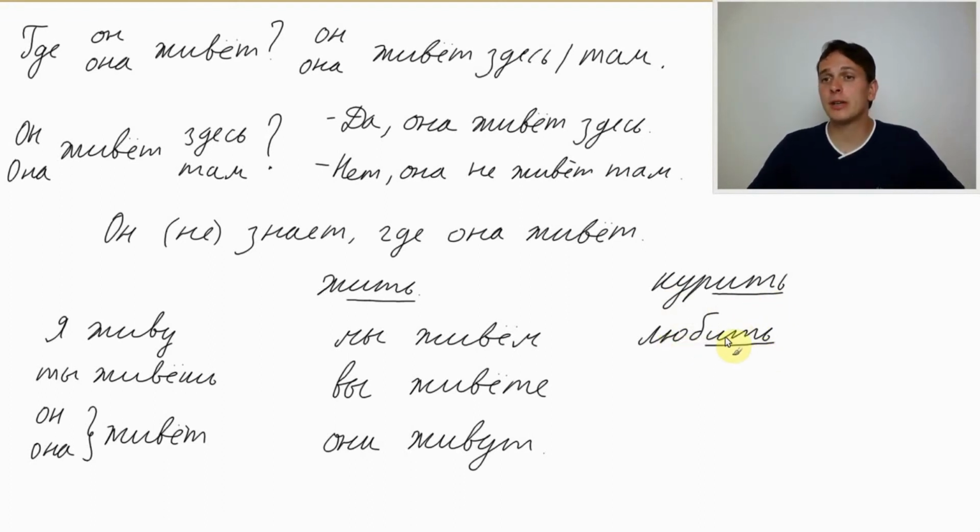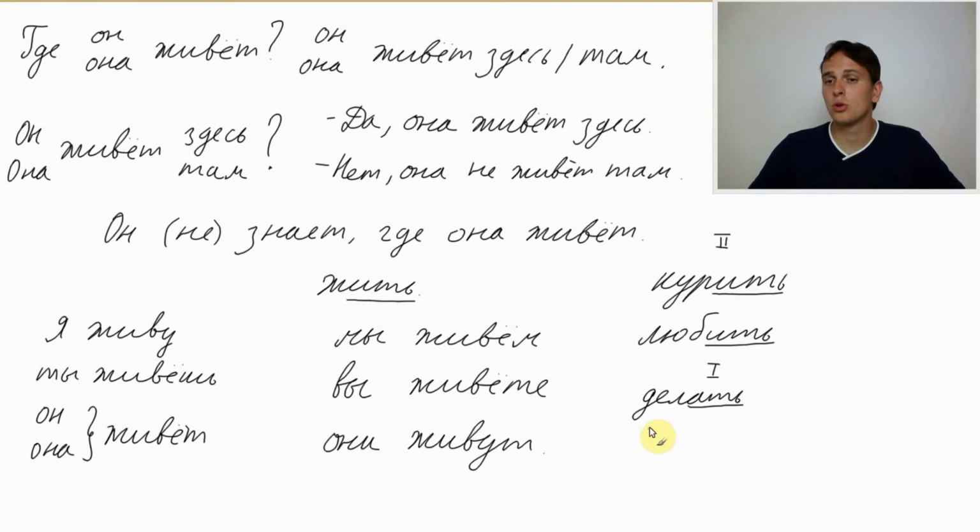And because we conjugate the group 2 verbs, we also conjugate verbs of the first category. I will give you also a few as homework. Делать is to do. Ends in ать.